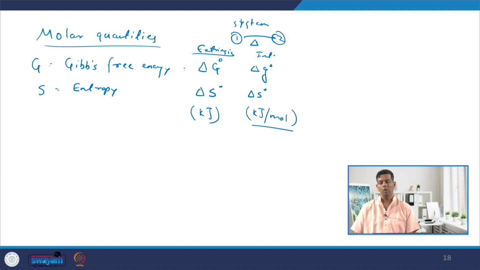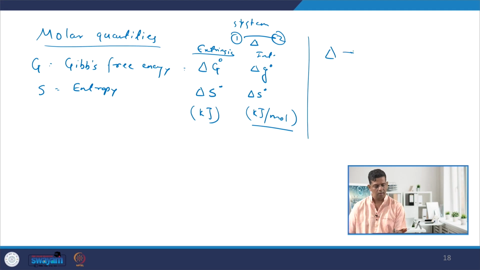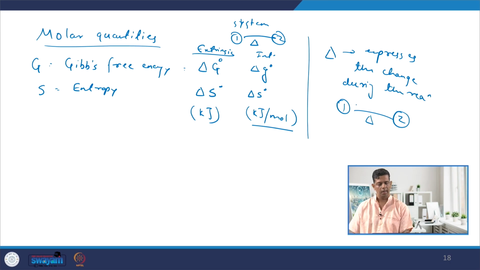So, this becomes the molar quantity, and like I said, delta basically expresses the change during the reaction when it goes from state 1 to state 2, that is the delta.